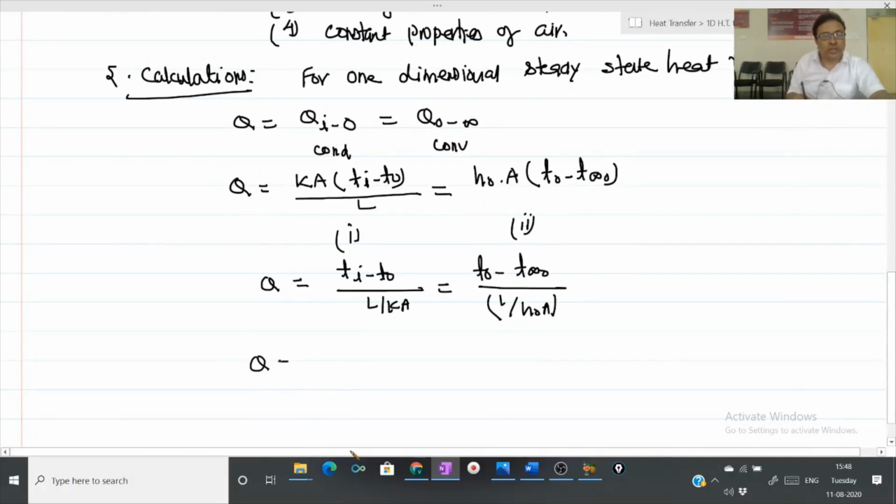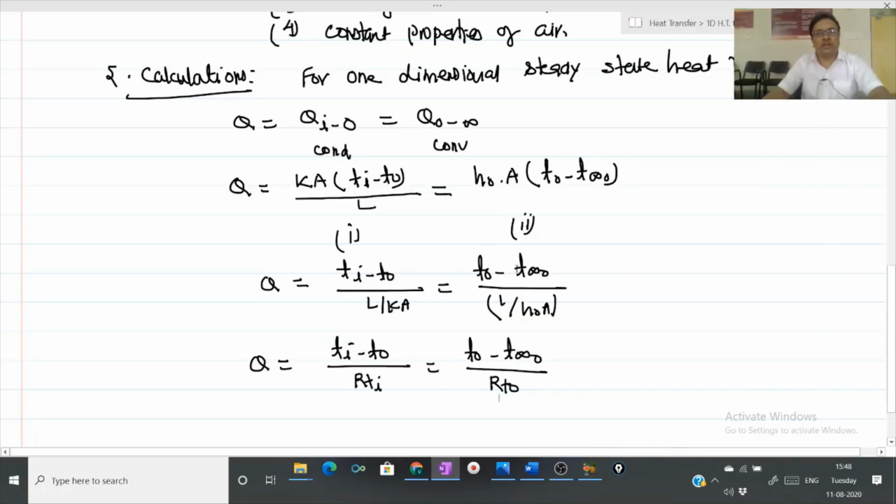Or Q is equal to (Ti minus To) over R_ice, equal to (To minus T infinity) over R_air.